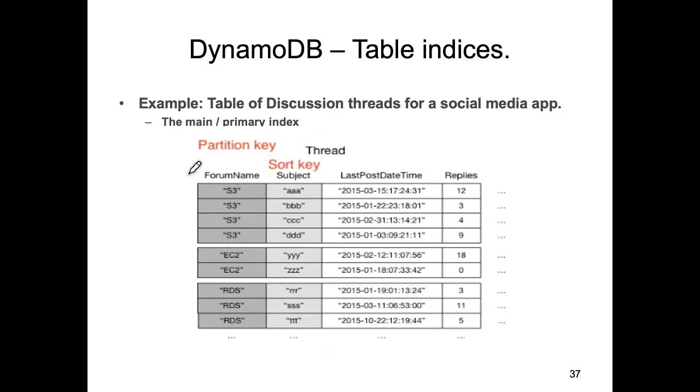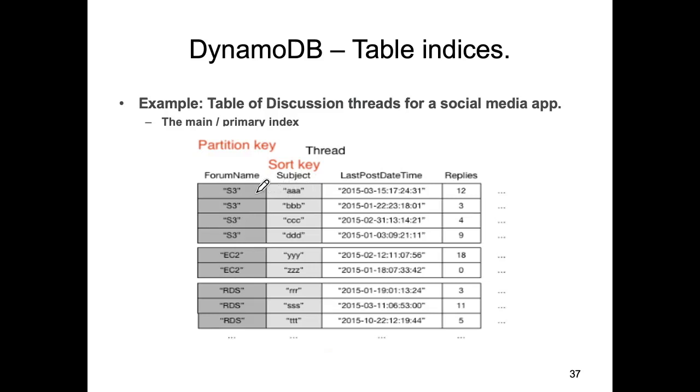So the table's partition key is forum name, it's a string in this case, obviously. And just for simplicity's sake, we're using some of the various AWS services as forum names. The sort key is decided to be the subject of a particular thread, again, which happens to be a string, just coincidence.